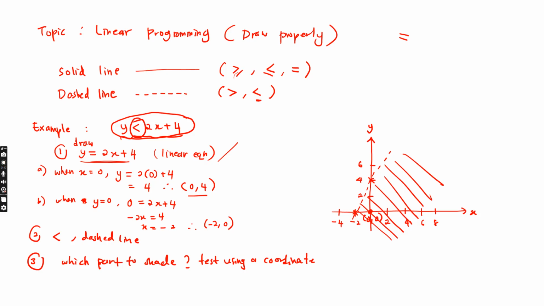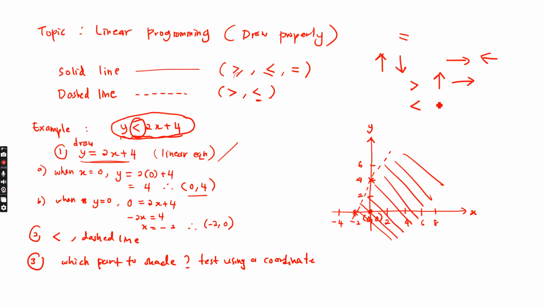Sometimes, instead of doing it manually like that, what people like to do is use the arrow direction: up and down, or left and right. For a greater than symbol, you shade the upper part or the right part.